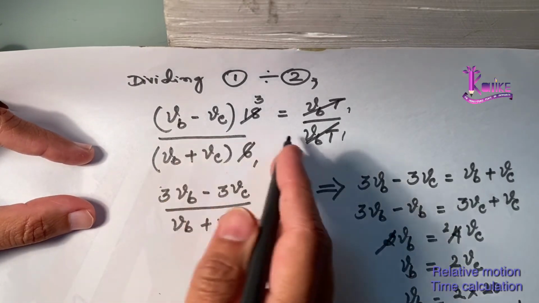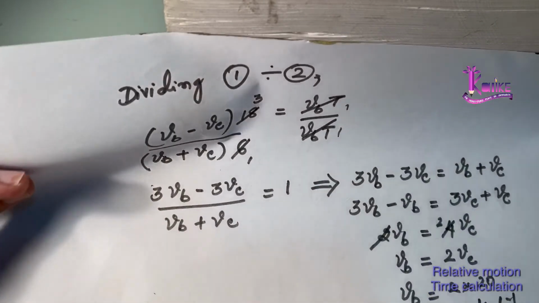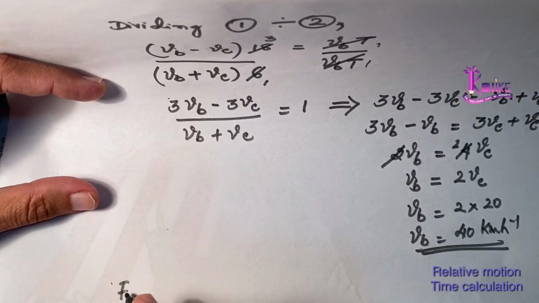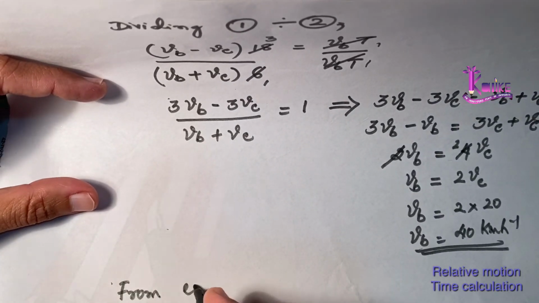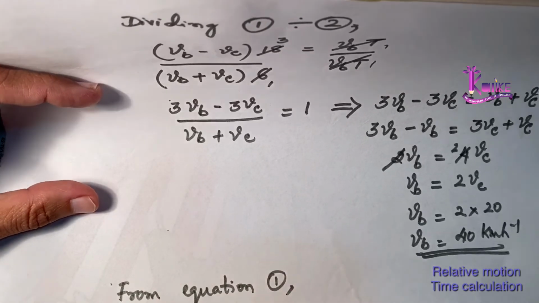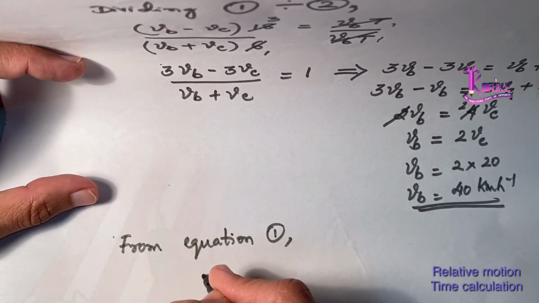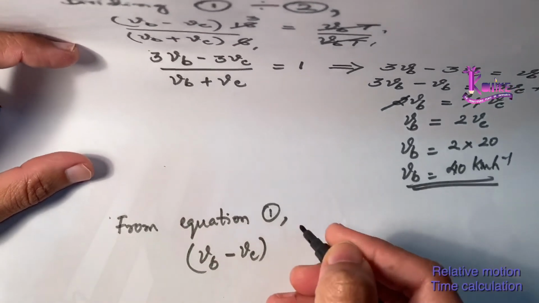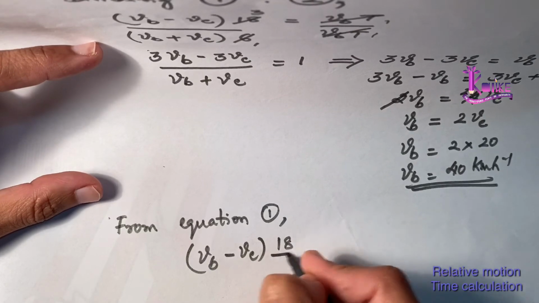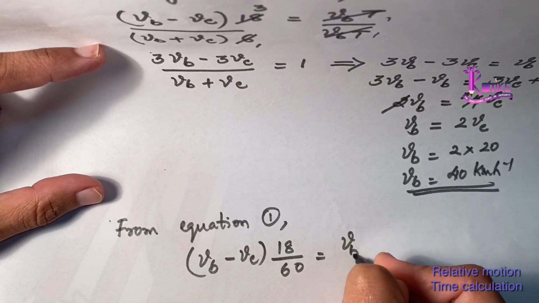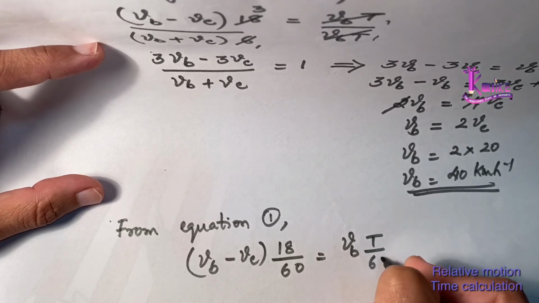So let me just take equation 1. Equation 1 is VB minus VC into 18 by 60 is equal to VB into T by 60.